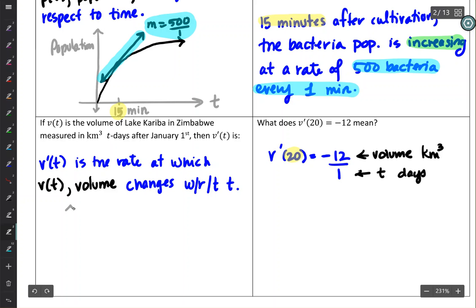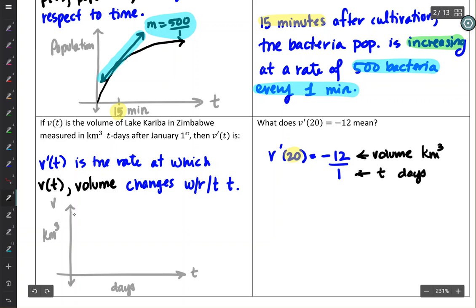Let's get a little sketch. Here's my time in days after January 1st. I'm just going to write days. And here's my volume axis, which is in kilometers cubed.